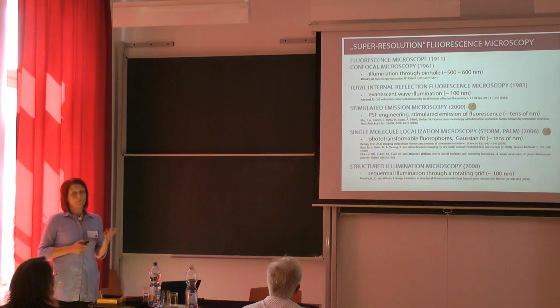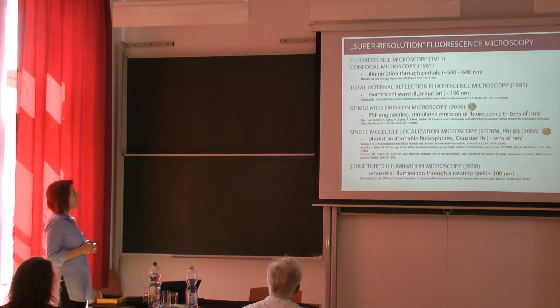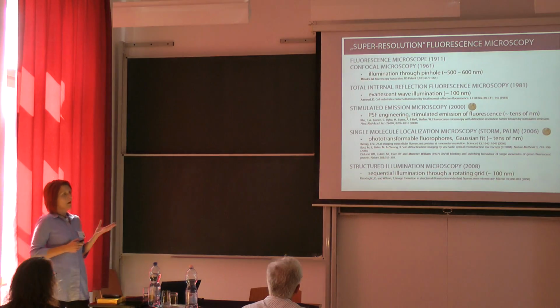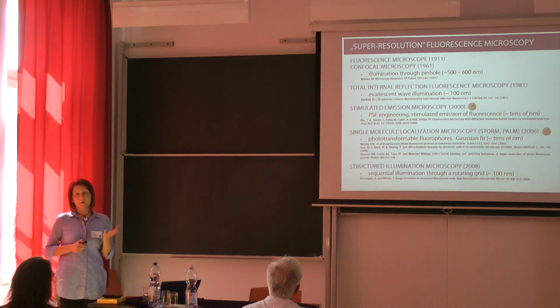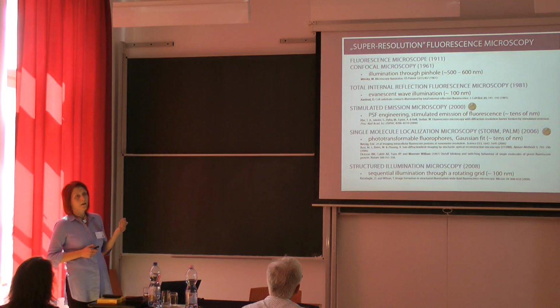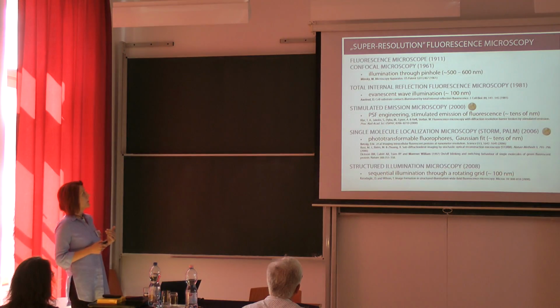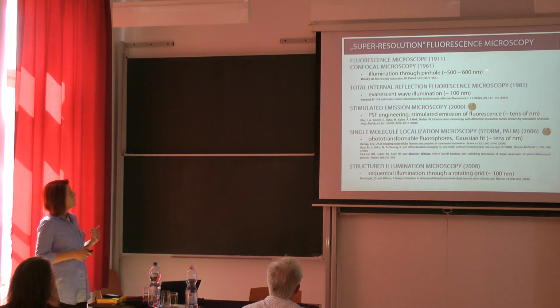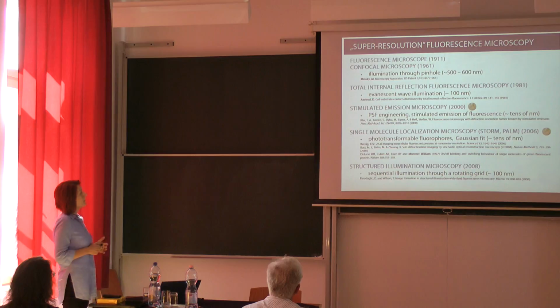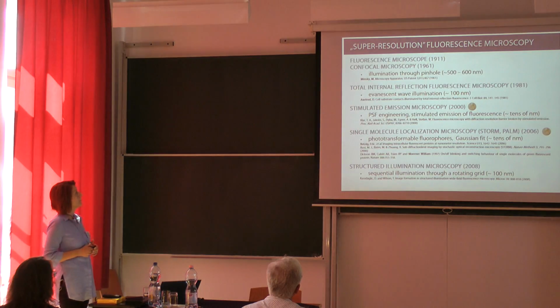In the confocal microscope, to explain it simply, the idea is to use a pinhole or an aperture that acts as a spatial filter, which filters out the light from the out-of-focus planes. That results in an improvement in the axial resolution to approximately 500–600 nanometers.